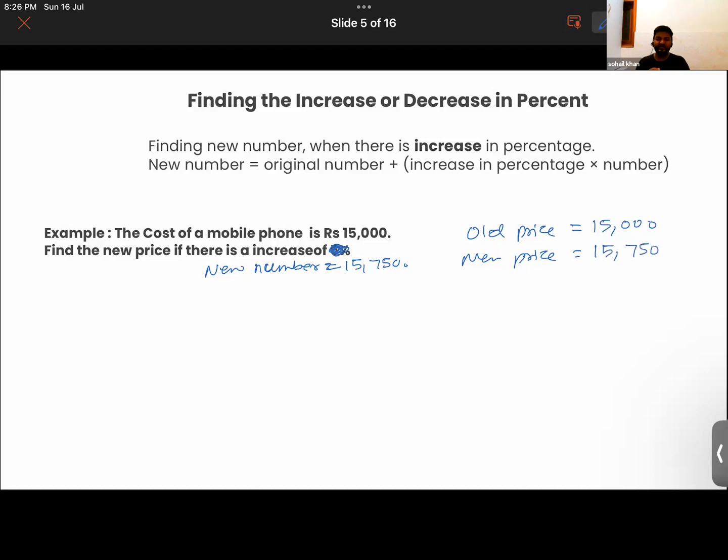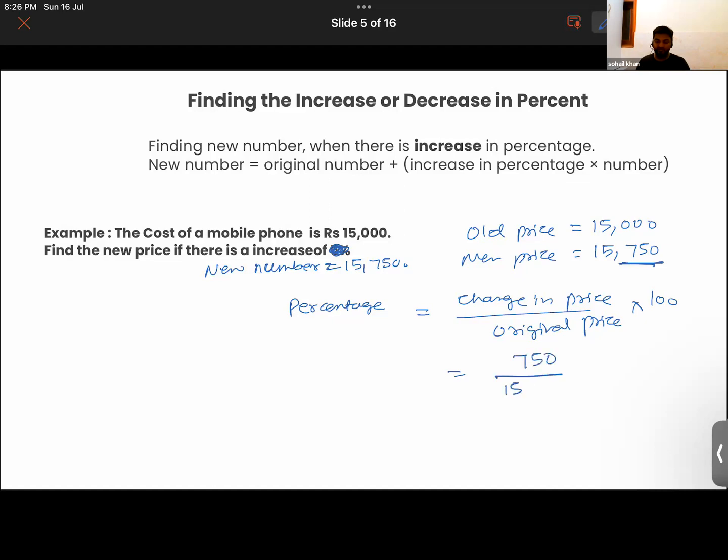And you are asked to find what percentage increase there has been in its price. In that case, how are you required to find the percentage? It will be found by the formula: change in price upon original price, into 100. So how much is the change in the price? It's 750 rupees, right?